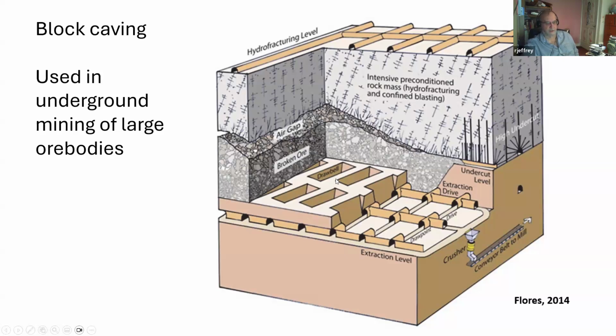And then as you start drawing that ore out, the lack of support that is produced on the overlying ore is sufficient to cause these weaker ore bodies to cave continuously. So as you draw the ore out, the ore caved, and you could continue mining without any additional effort.